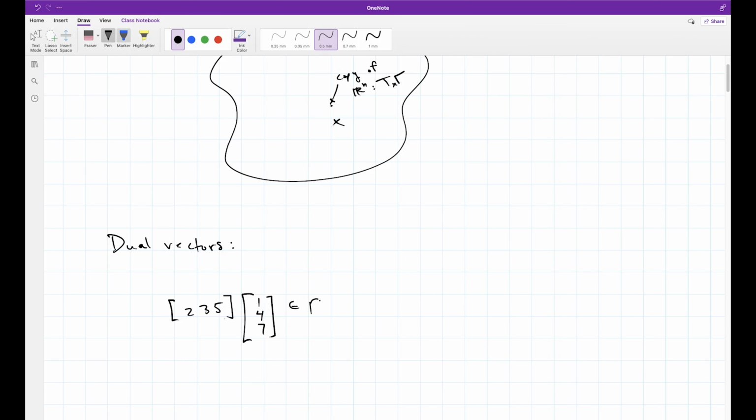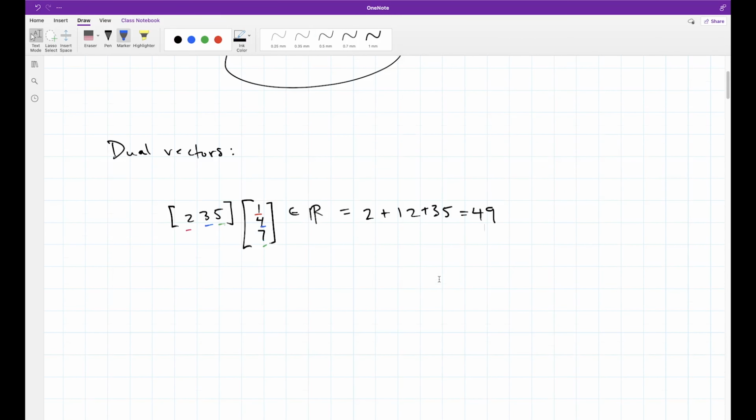So this is just a real number in this case. And we can even evaluate it. The way we do that is we just go term by term, right? So 2 times 1 plus 3 times 4 plus 5 times 7. So in this case, we would get 2 plus 12 plus 35, or 49.